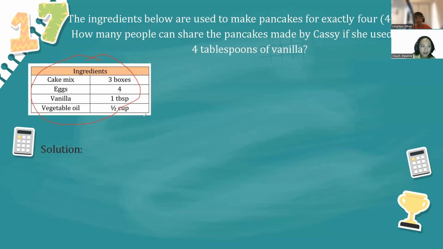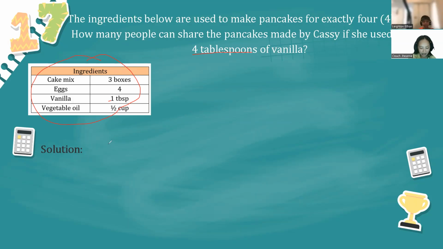As you can see here in the table, in each set, Cassie uses 1 tablespoon of vanilla. So if she uses 4 tablespoons, then she made 4 sets of pancakes.